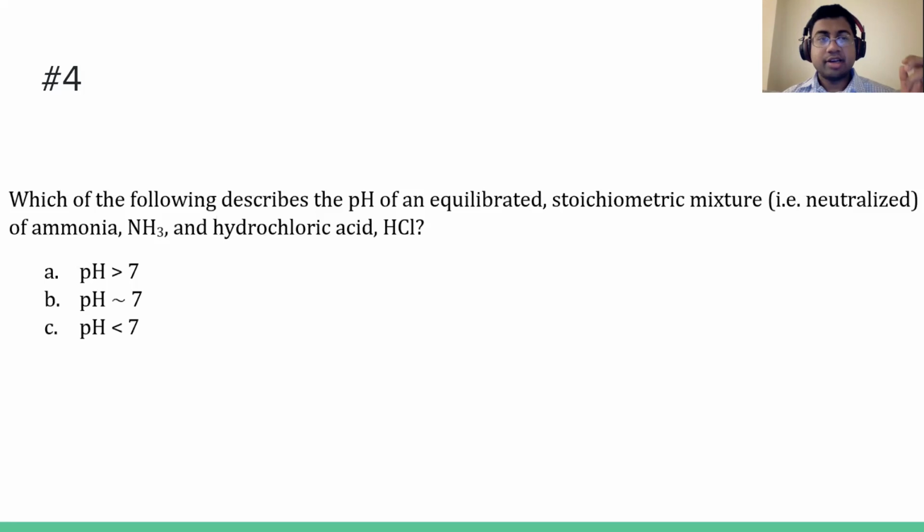NH4 plus is a weak or decent-ish acid because ammonia was a weak base. Since that's the only pH modifying species in solution at the equivalence point, the pH of the solution will be less than 7.